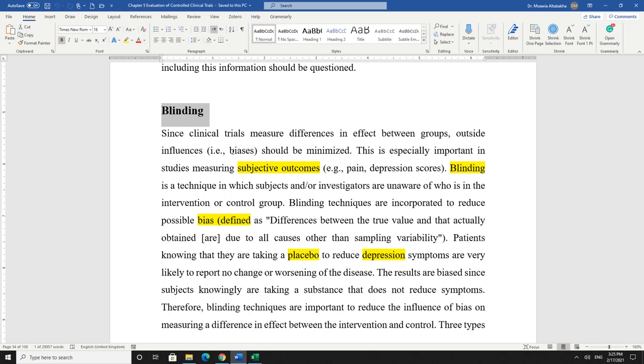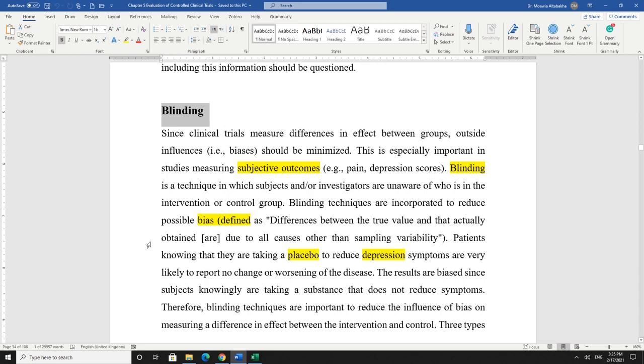So this is objective. But when I say, okay, I want to assess whether the drug relieves pain, you are suffering, you have pain, and I want to see whether it reduces pain, then for sure, if you know you are taking placebo, you will say it did not improve. You are not going to say it improved, okay? And we call this subjective outcomes or measures, such as pain, depression, things like that.